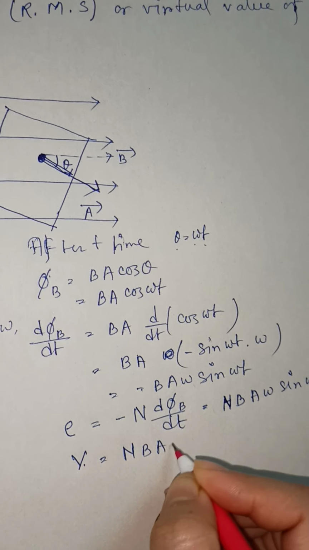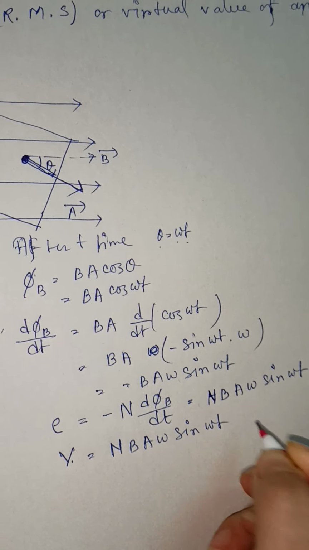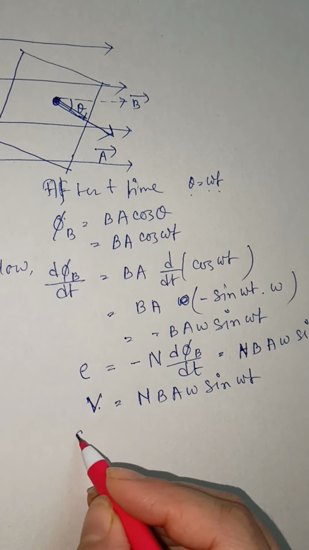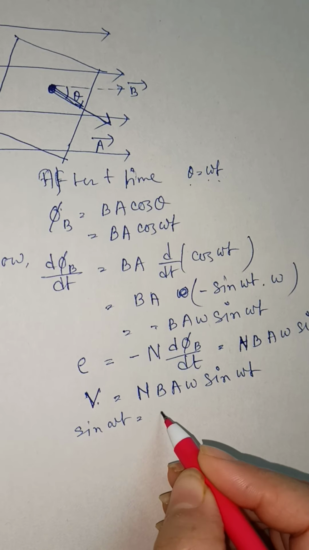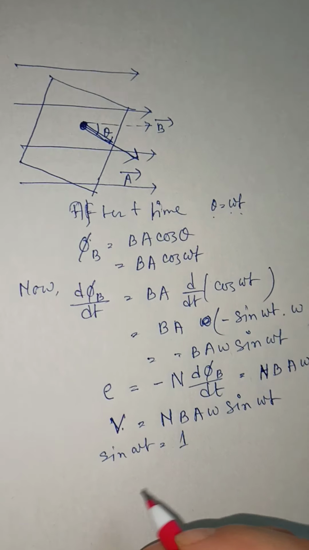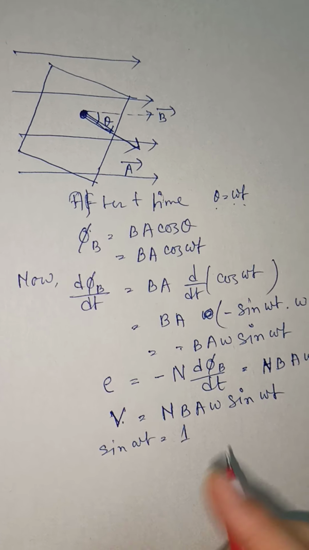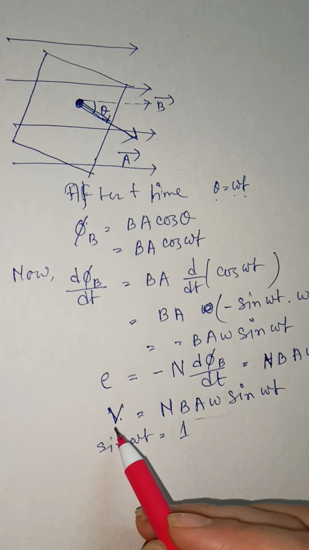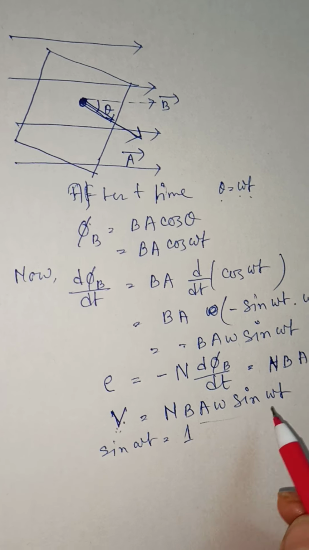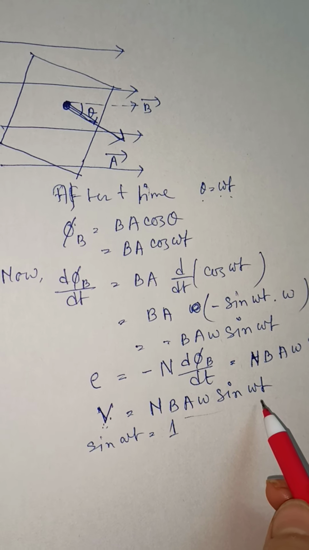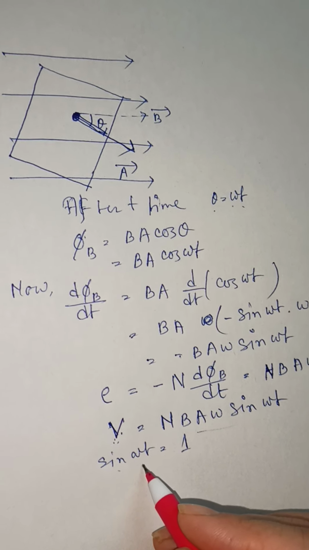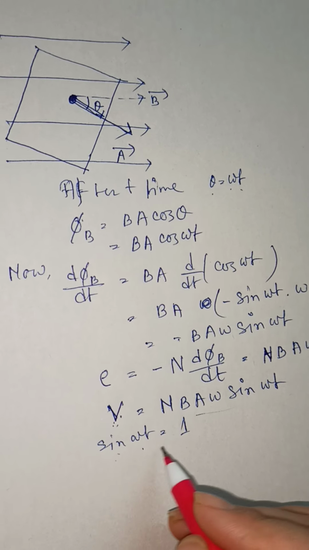Then this equals, with sin omega t, a maximum value of 1. That means if sin omega t equals 1, then the induced EMF inside this loop is maximum, because this equation proves that the induced voltage inside this loop depends on theta, or we can say depends on omega t. So if omega t equals 90 degree, then sine of omega t equals 1.